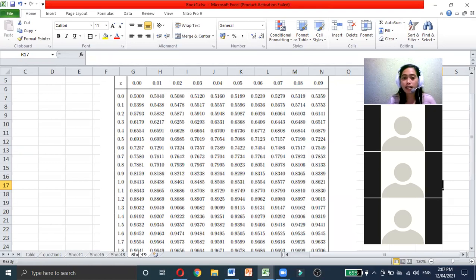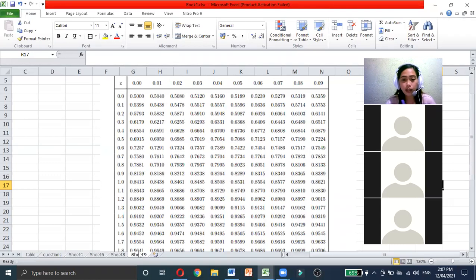You could also say that it goes up until 0.09, so we could say there is an 84 to 86% probability to complete the project.